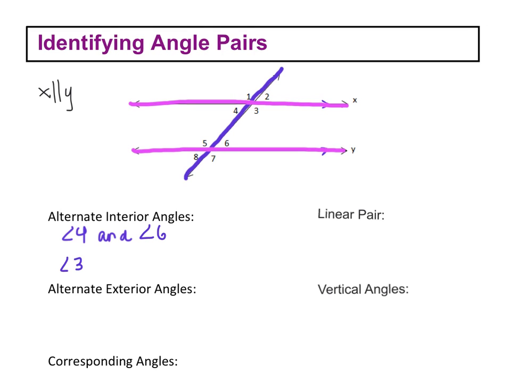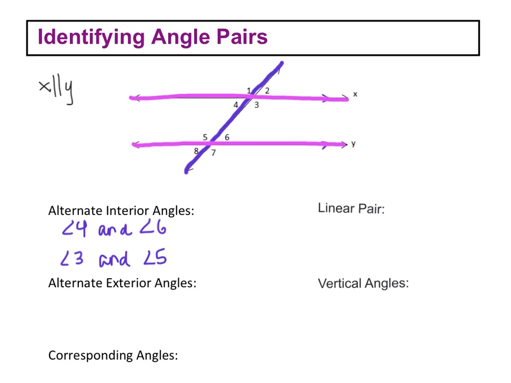Also, angle 3 will be an alternate interior angle with angle 5. So as you're writing these in, make sure that you are looking at the figure and recognizing visually what these angle pairs look like for each of these classifications that we're going through.